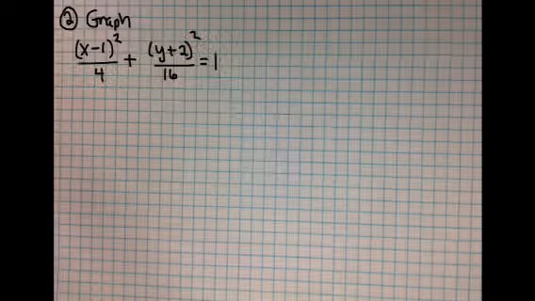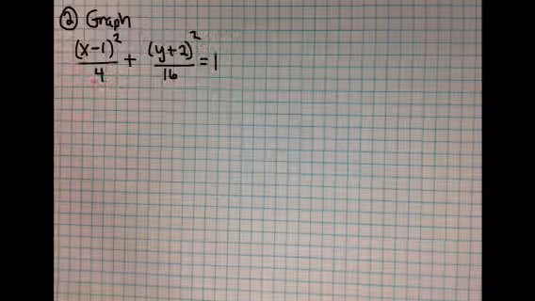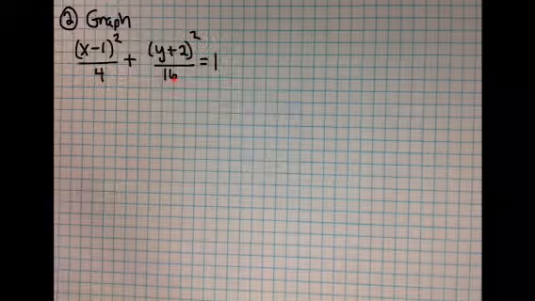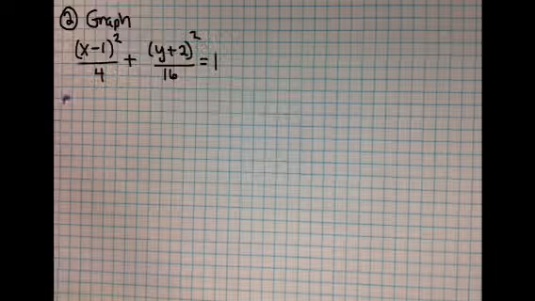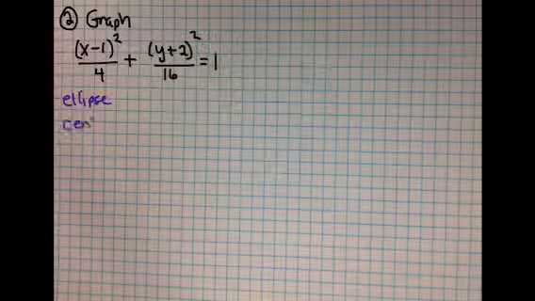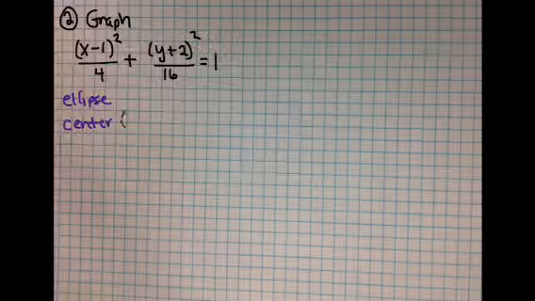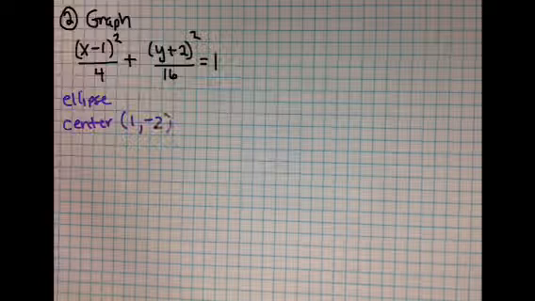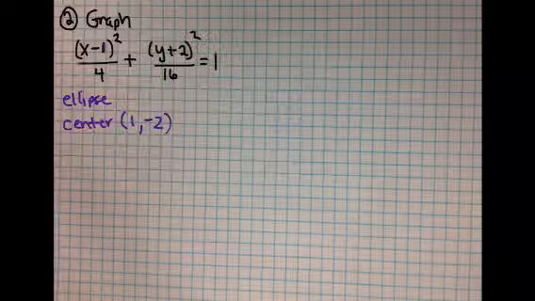Okay, so this one, again, has a plus between the x squared and y squared terms, so they're both positive. They have different coefficients because the denominators here are different. So this is an ellipse. The center is (h, k), so that would be (1, -2). I get that from here, the h, and then the -2 here, the k.